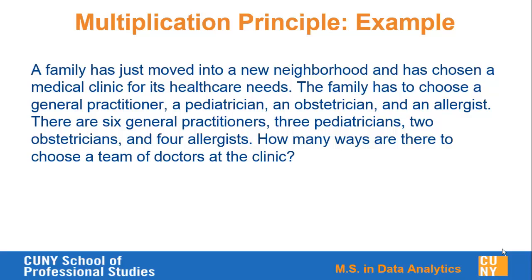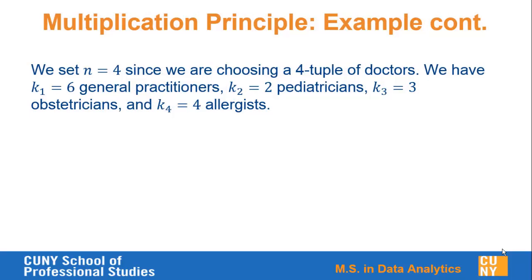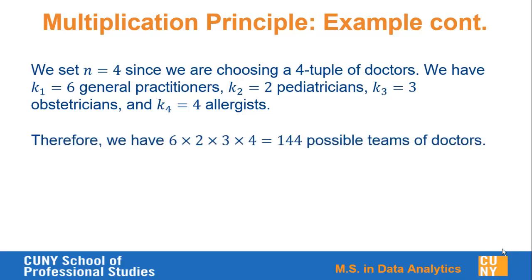So how many different ways are there to choose a team of doctors at the clinic? Well, we'll say n equals 4. We're choosing a 4-tuple of doctors, or a list of 4 doctors. We have 6 general practitioners available, 2 pediatricians, 3 obstetricians, and 4 allergists. And so we have 6 times 2 times 3 times 4, which equals 144 possible teams of doctors.